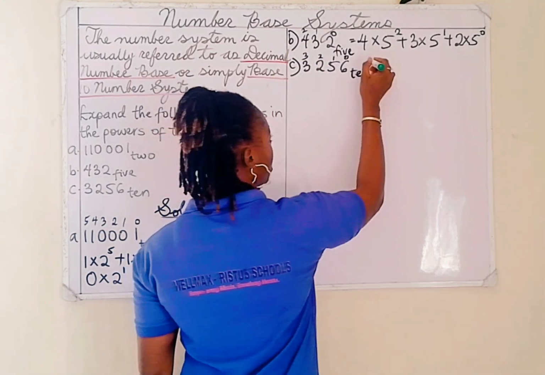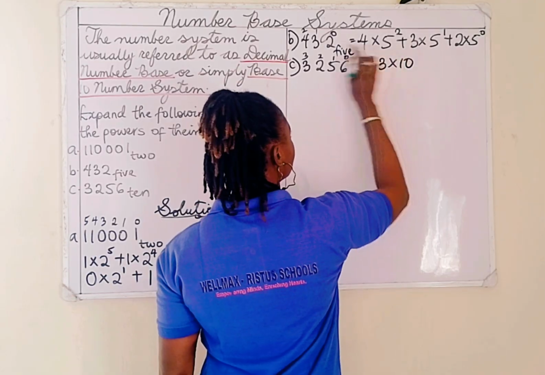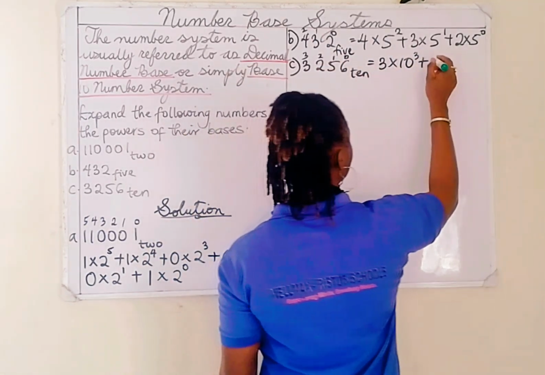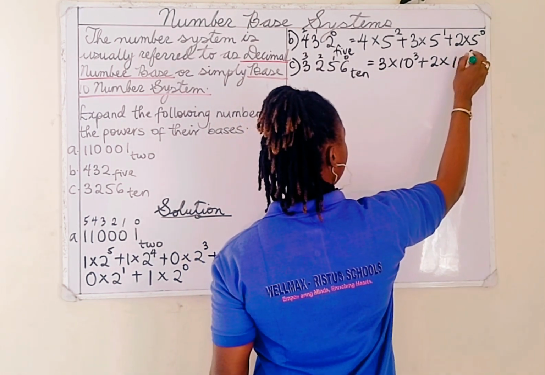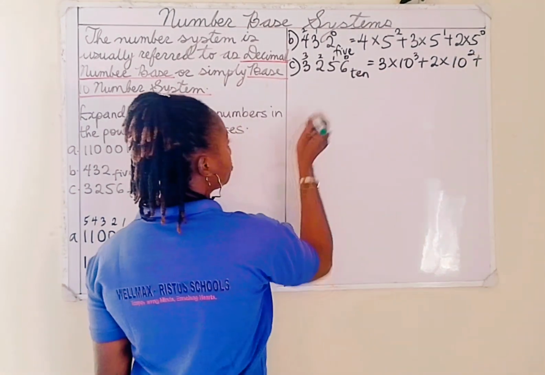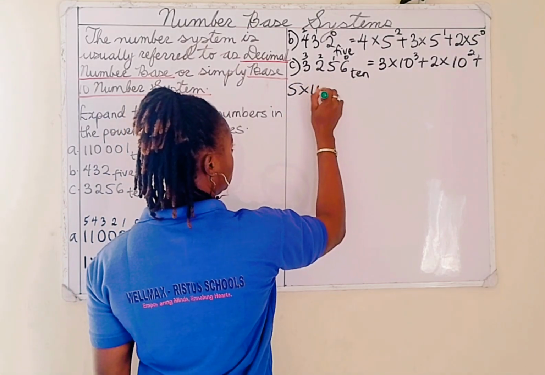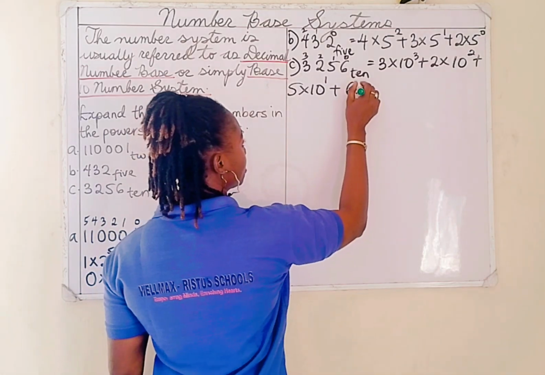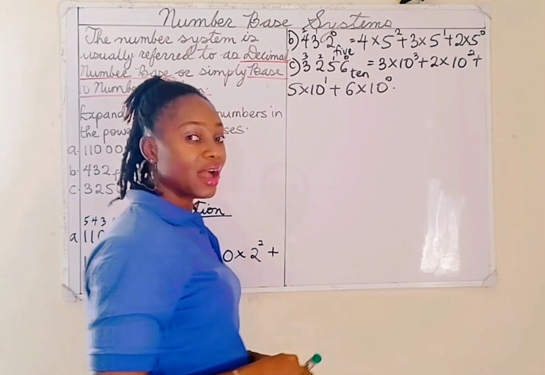Now we're going to have 3 times the base 10 to the power of 3, plus 2 times the base 10 to the power of 2, plus 5 times base 10 to the power of 1, plus 6 times base 10 to the power of 0. And there you have it.